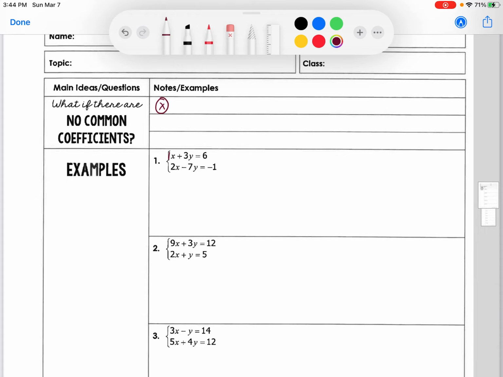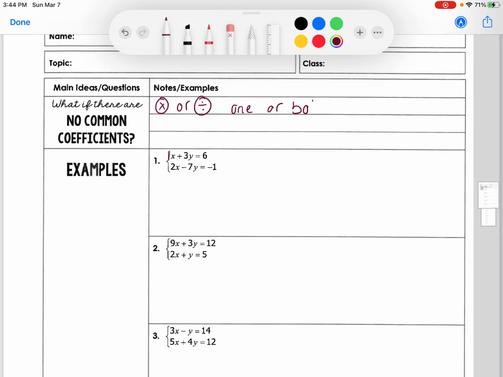And the answer to that is we need to multiply, and I'm going to say multiply or divide because in some cases you can divide and it works out well. That being said, you could always just multiply the other equation by 2, but whatever.